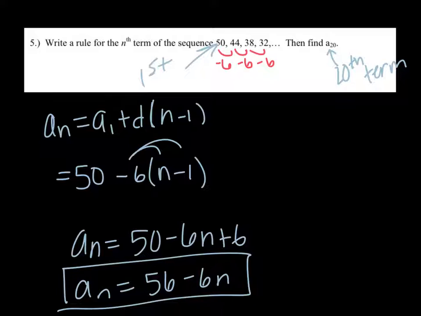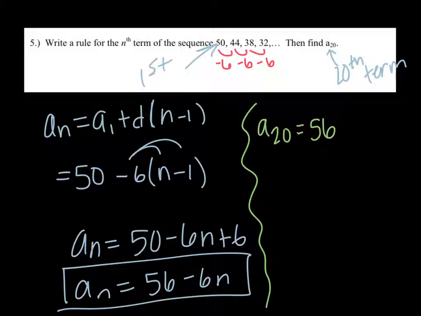And it says, okay, find the 20th term. Well, a sub 20 is going to equal, using the rule that I just found, 56 minus 6 times 20. So 6 times 20 is 120.